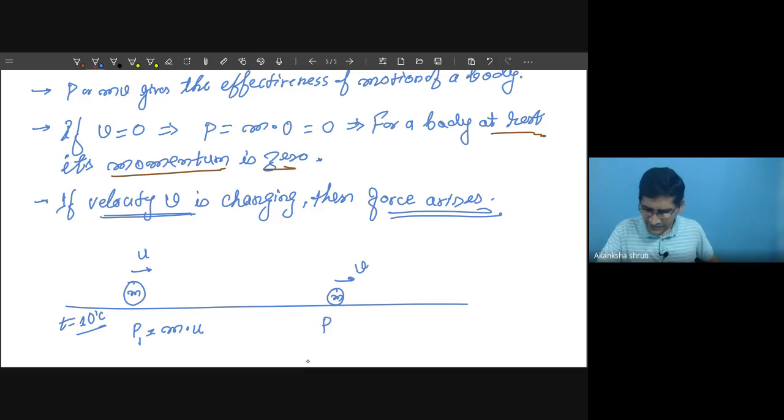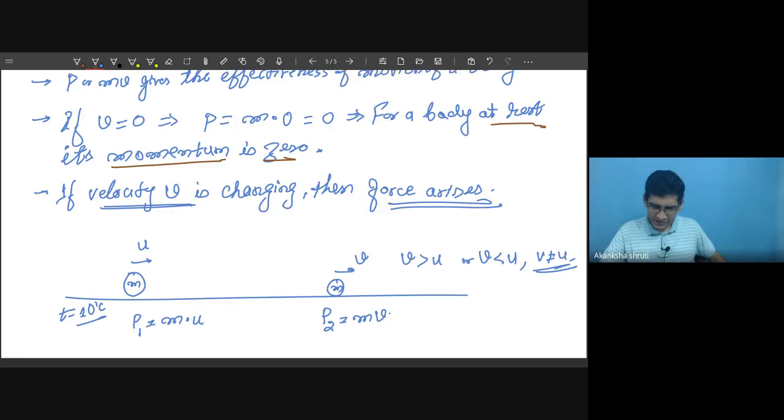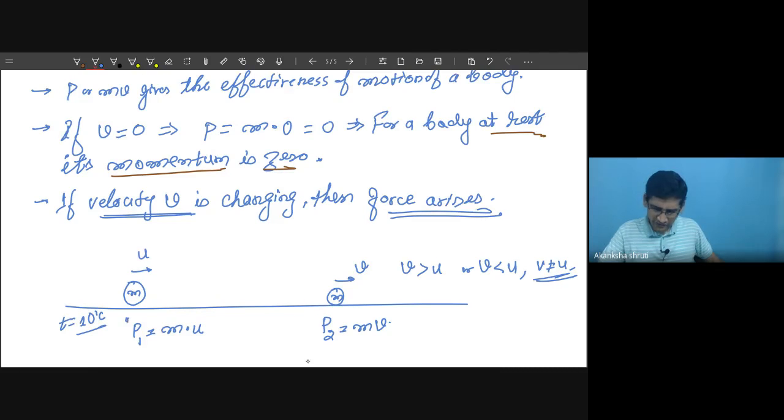Then its momentum value will also change. Here this v is greater than u, or maybe v is less than u, that is, v is not equal to u. Then at this time there will be a new momentum with this body because of its changed speed or velocity. So these are the two kinds of momentum that we are observing.